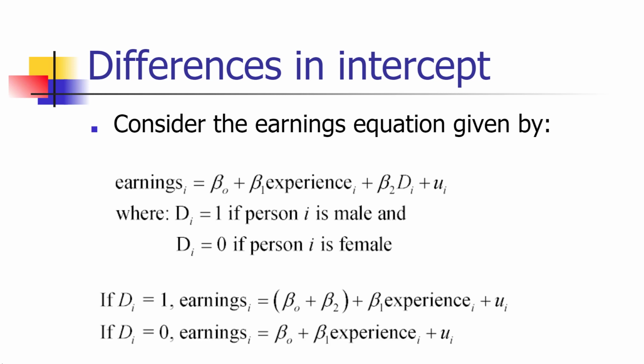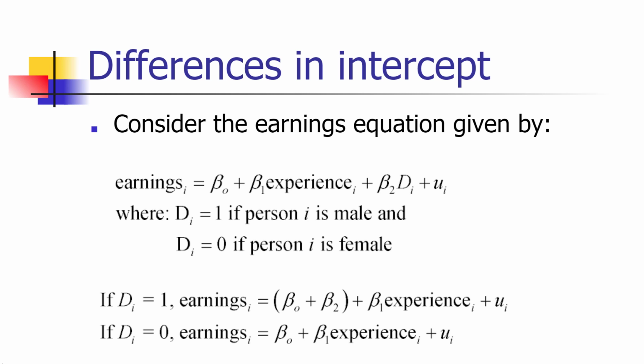For males, the dummy variable is 1, and we can substitute a 1 in place of it, and we get an earnings equation that has an intercept of beta 0 plus beta 2, because again, it's beta 2 times 1, plus beta 1 times experience. If the individual is female, the dummy variable takes on the value of 0, and the earnings equation is just equal to beta 0 plus beta 1 times experience, plus an error term for both equations.